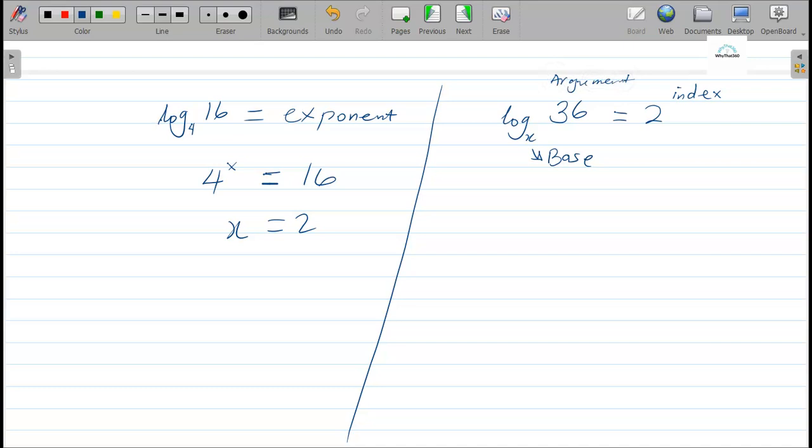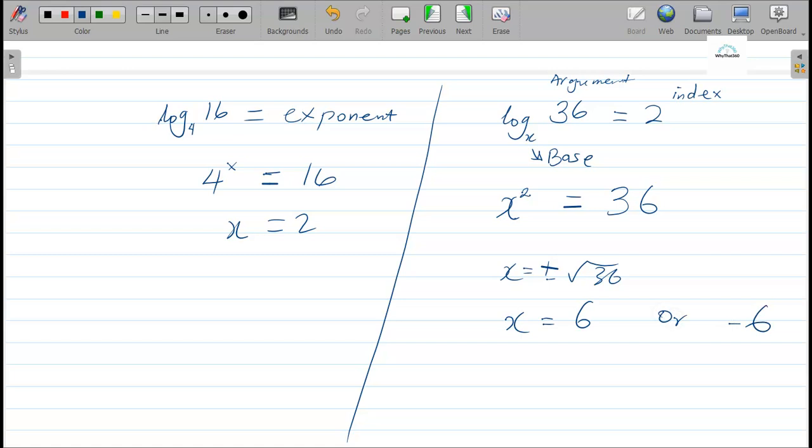The base, which is x, with the index should give you the argument. So x squared will be 36. So x is equal to plus or minus the square root of 36, so x can be positive 6 or negative 6.